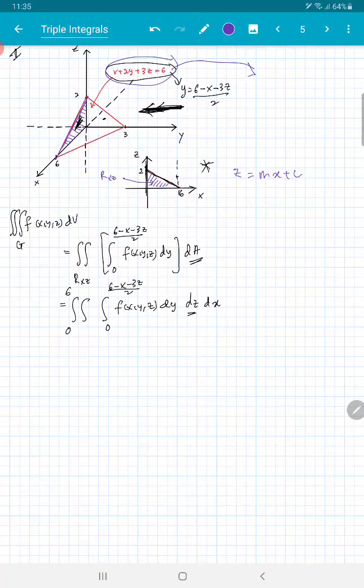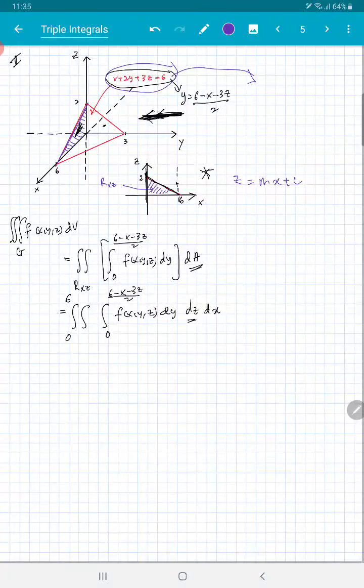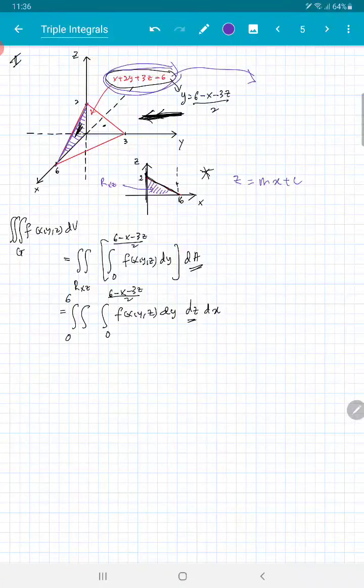So on the xz plane, y is 0. So you can use this equation of the plane, but by letting y be 0. So that would give us x plus 0 plus 3z equals 6, because the plane now is on the xz plane where y is 0. So then you have this equation.